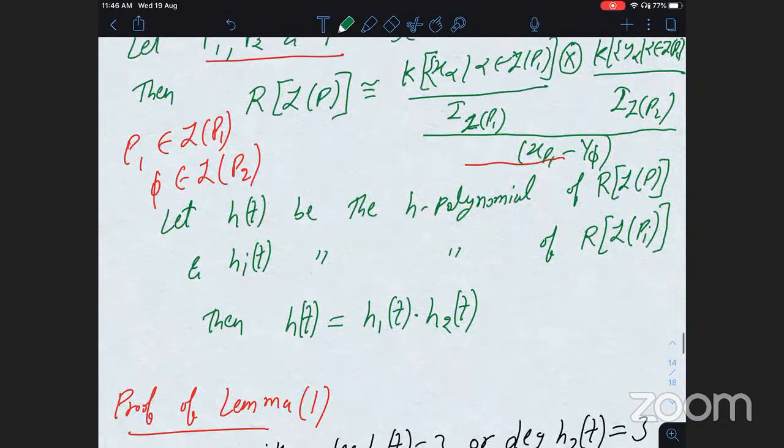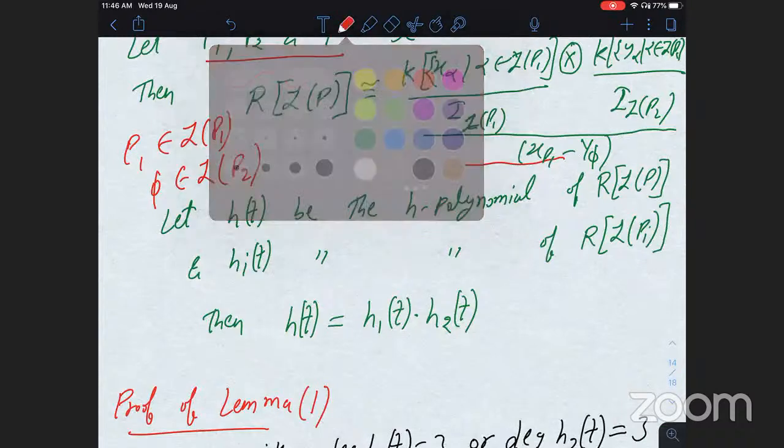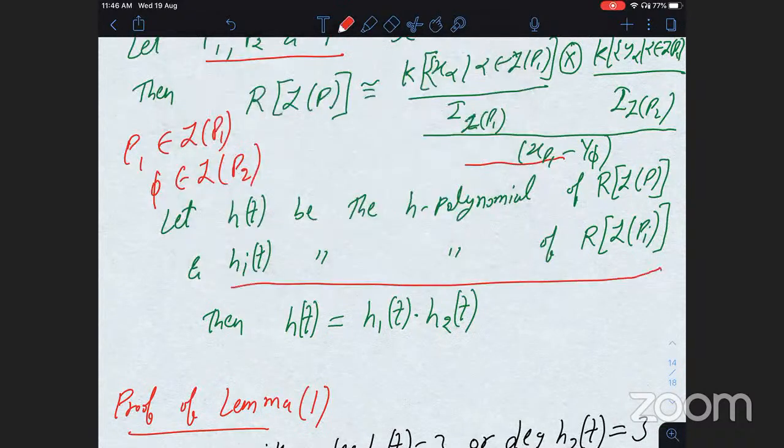Now let H(t) be the H-polynomial of R[I(P)], and H_i(t) be the H-polynomial of R[I(P_i)]. Then H(t) will be equal to the product of the H-polynomials H1(t) and H2(t). Okay, so now we will use this observation in the proof of Lemma 1.